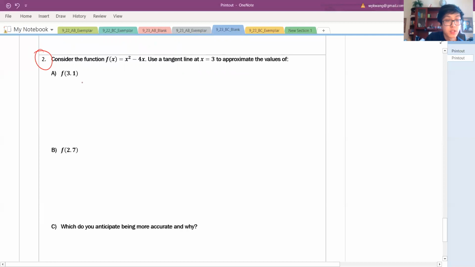Once you have the equation set up, part B is not going to take double the time of part A because you're just plugging in 2.7 instead of 3.1. So that should be pretty quick. Then I'm curious what everyone gets for part C. Please start now. You have about 6 minutes.